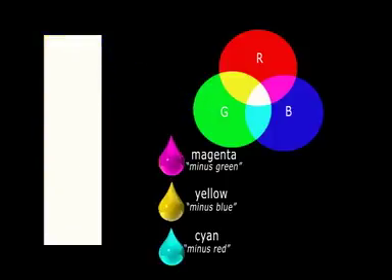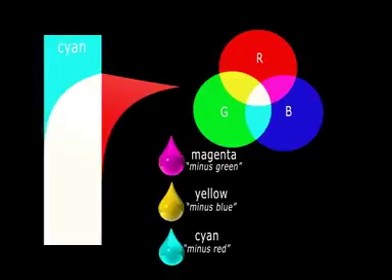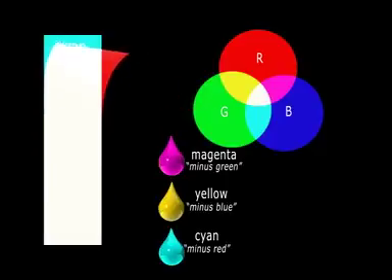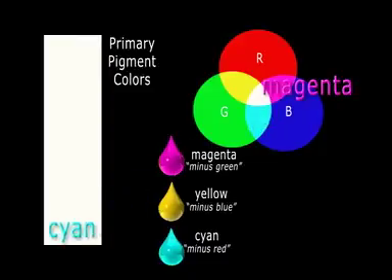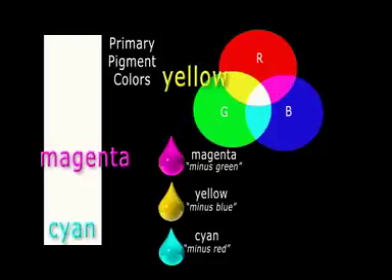And since this baby blue, called cyan, is a pigment that also only subtracts out one primary color, then cyan, baby blue, must also be a primary pigment color also. The primary subtractive colors are the pigments that only take away one of the primary light colors. And those primary pigment colors are cyan, it absorbs red, magenta, it absorbs green, and yellow, it absorbs blue.